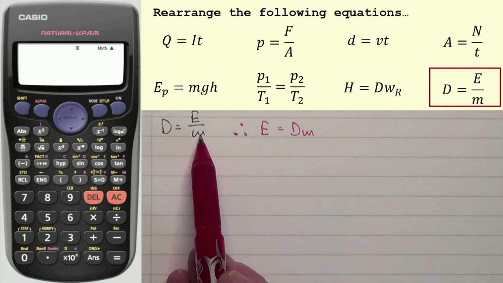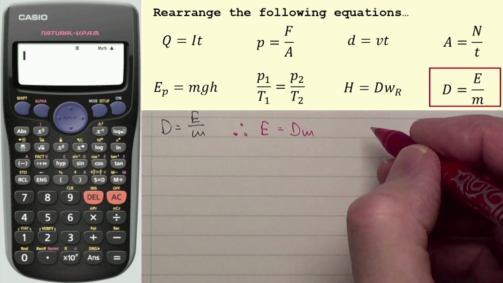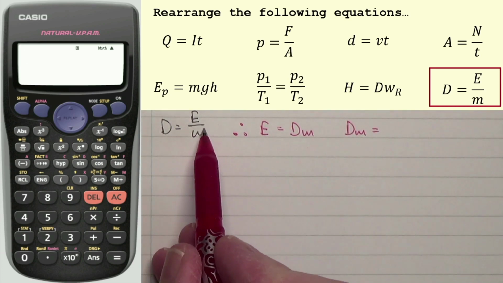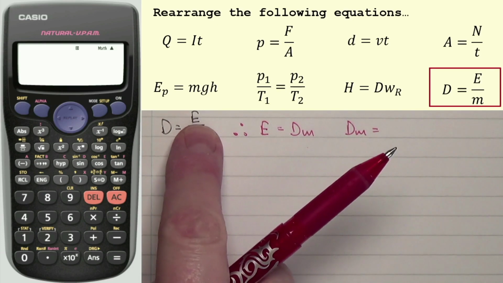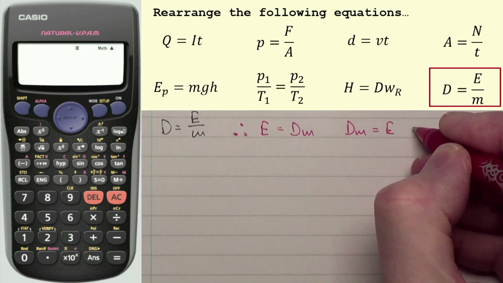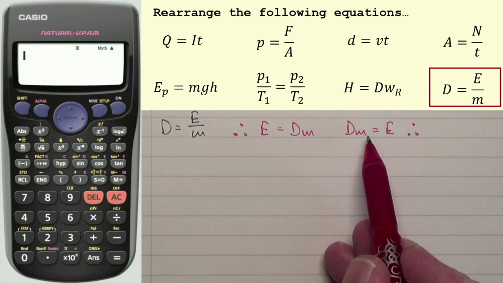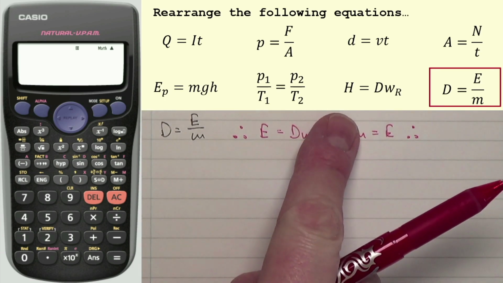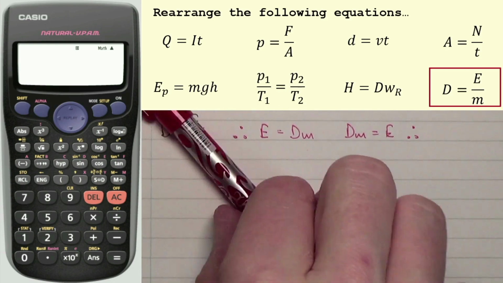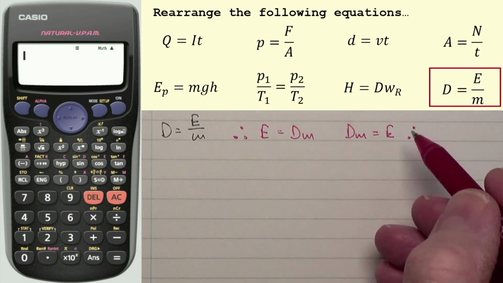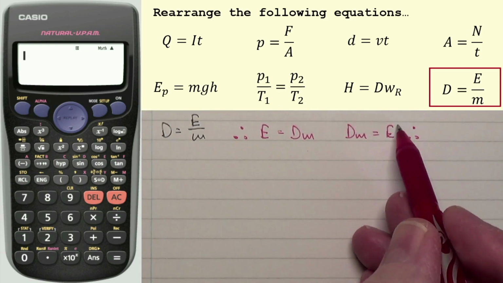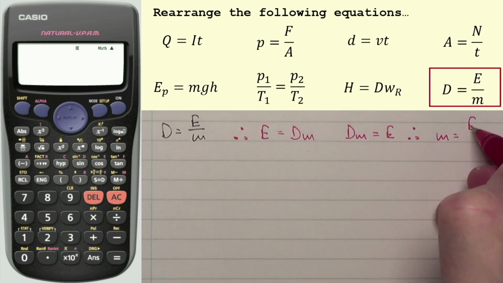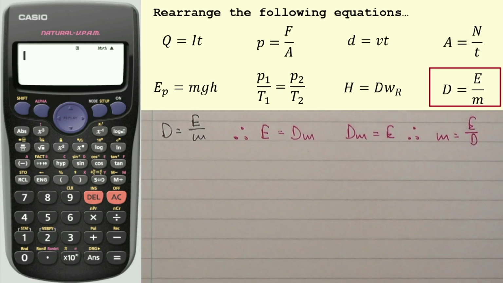So if I multiply the left hand side by M, I get DM, and if I multiply the right hand side by M, of course I'm getting E on its own, and therefore if I want to find M on its own, well at the moment M is being multiplied by D, so I want to divide this side by D, and then I want to of course divide this side by D as well, and that gives me M is equal to E over D.